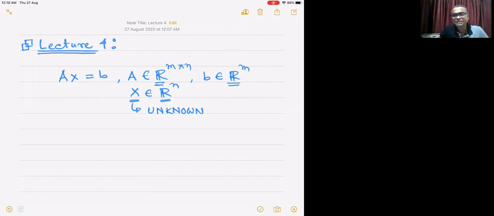But how did we get this one? Remember, we needed to divide by some number. And of course, I do multiplication by a scalar, then addition and subtraction. So essentially, I must be able to carry out these four basic arithmetic operations on these numbers, namely addition, subtraction, multiplication, and division, right?